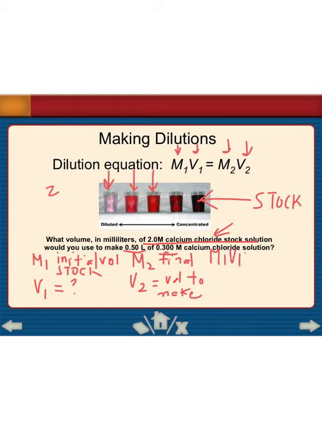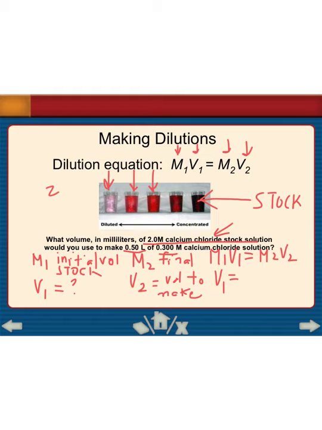So M1V1 equals M2V2, and we are looking for V1. How many milliliters of the stock solution do we need? So V1 is going to be equal to M2V2 over M1.